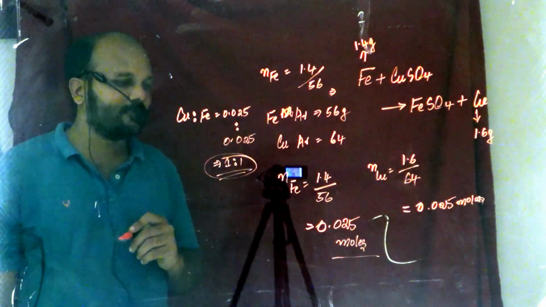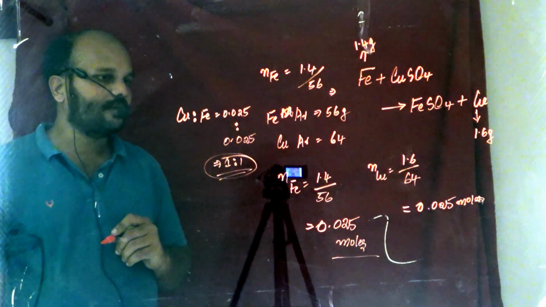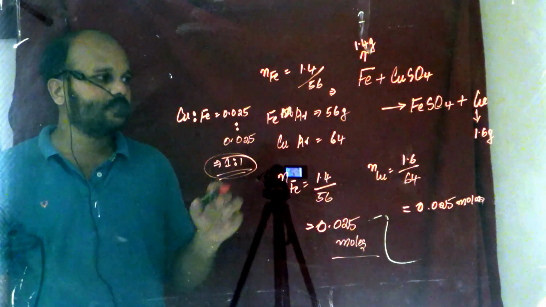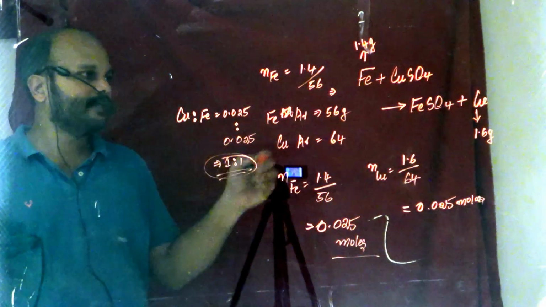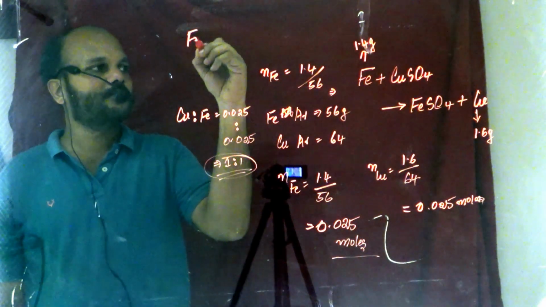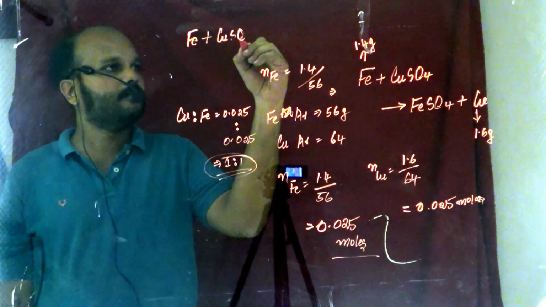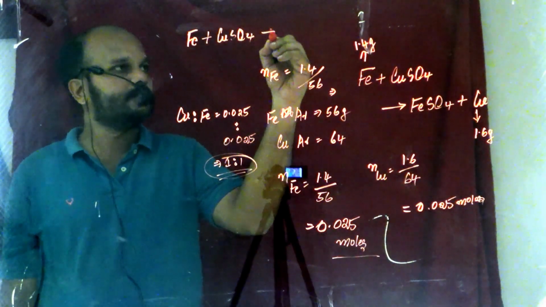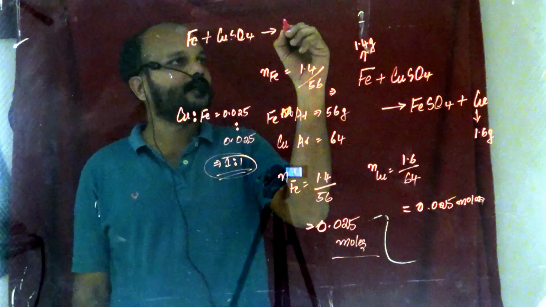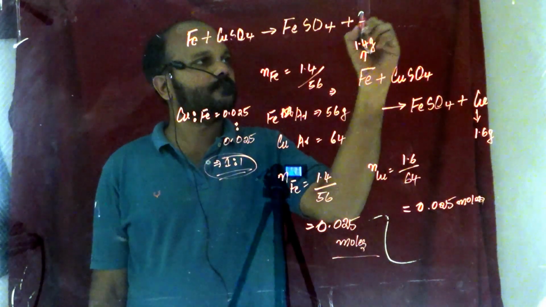What you can understand about this is, see here one thing for this reaction: Fe plus CuSO4 is supposed to give FeSO4 plus Cu.